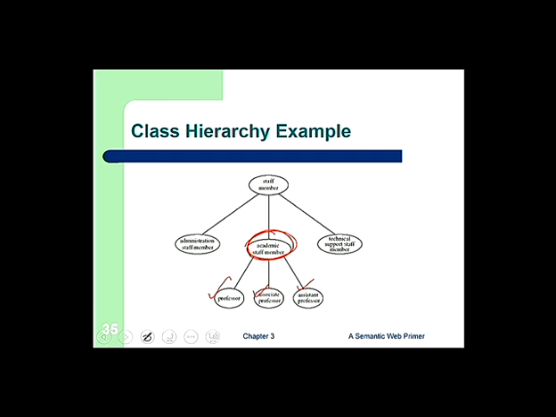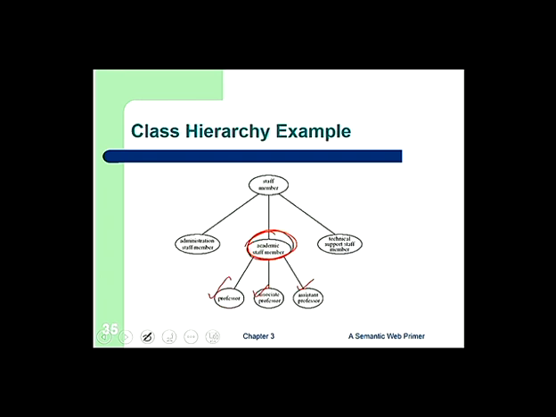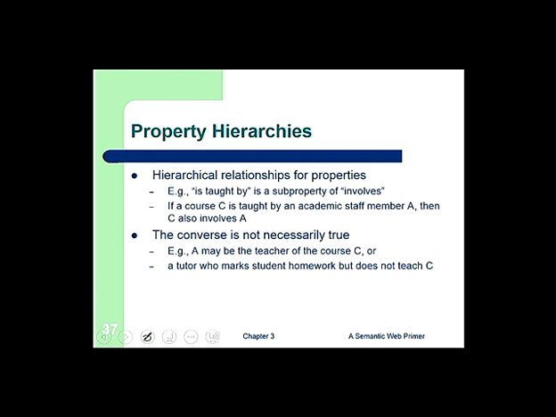It is a simple inheritance mechanism. This is done in RDF schema by fixing the semantics of is subclass of. So we can say that a professor is a subclass of academic staff member. Associate professor is a subclass of academic staff member, and so on and so forth.